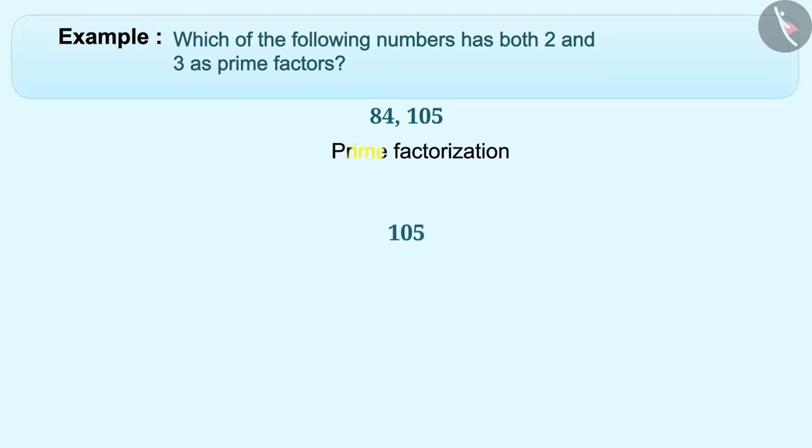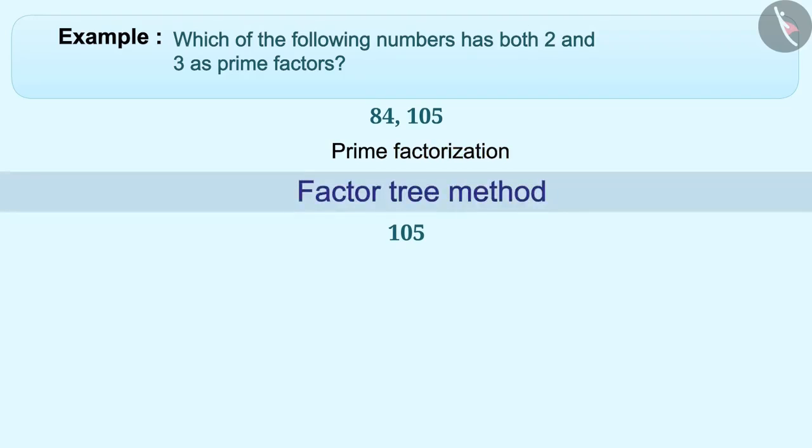Now let's find the prime factorization of 105. In order to do this, let's use factor tree method. So, for 105, we will find a factor pair whose product is 105. 15 and 7 is one such pair. Similarly, factor pair of 15 is 3 and 5.